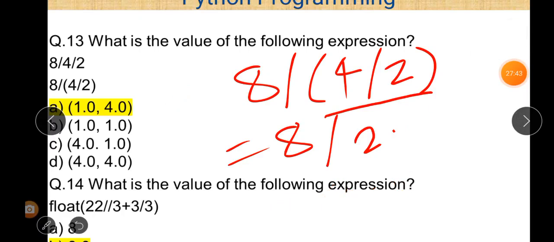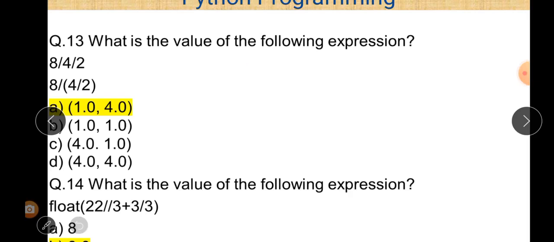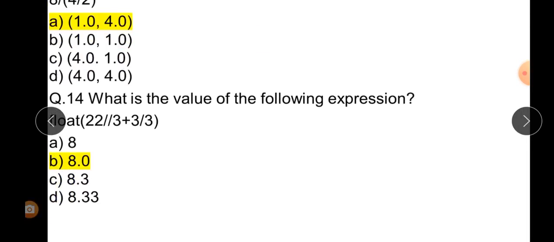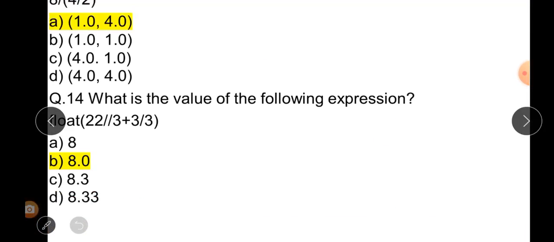Okay, let us take another question. Question number 14 says: what is the value of the following expression? Float is given, which means explicit type conversion is there.